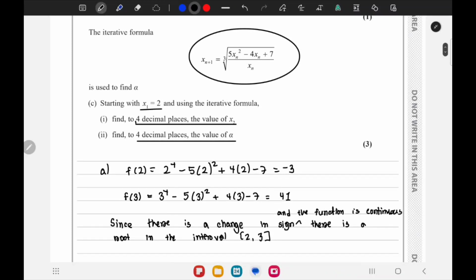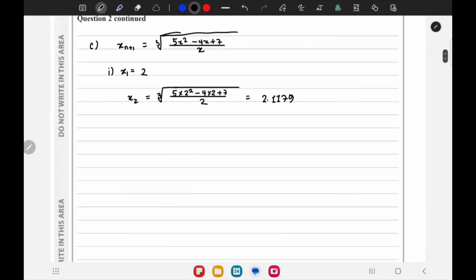We want the values to 4 decimal places, so this would be the value of x2. Now in part 2 we'll continue. So x3 would be 2.14684. I'm looking for the answers to 4 decimal places, so I'll take one more while I'm working out.